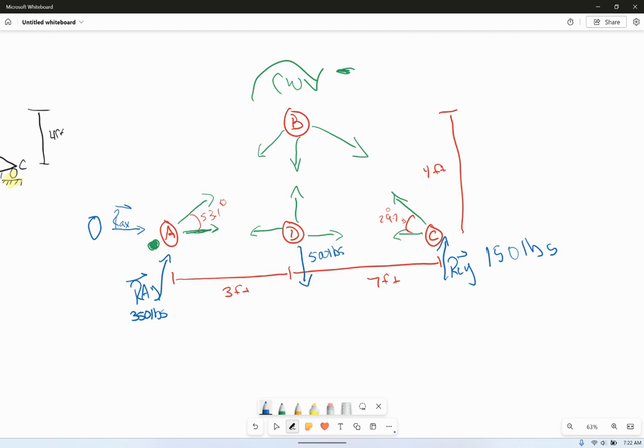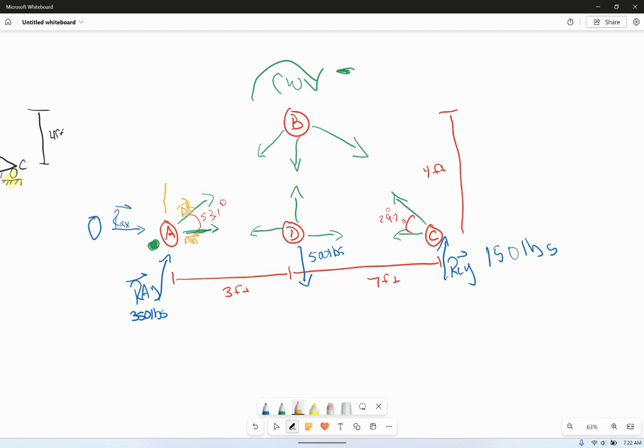For this one, I do have a right triangle, so I've got 53.1 degrees. But I also need to figure out this here. Let's figure out the vector of this line. This is AB, that's an unknown. For that one, I have to figure out AD, which is an unknown.